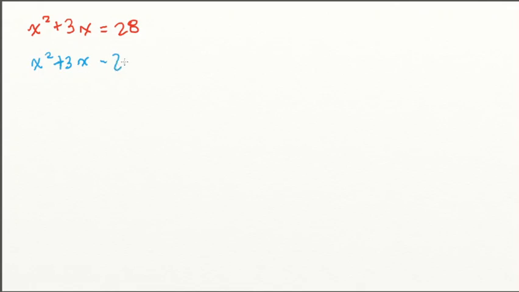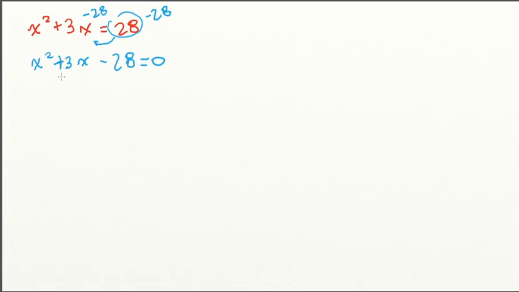So in this case, we will get this 28 to the left-hand side. This is the same thing as subtracting both sides by 28, or simply getting the 28 to subtract. Since it was adding to the right-hand side, it could be viewed as subtracting to the left-hand side.